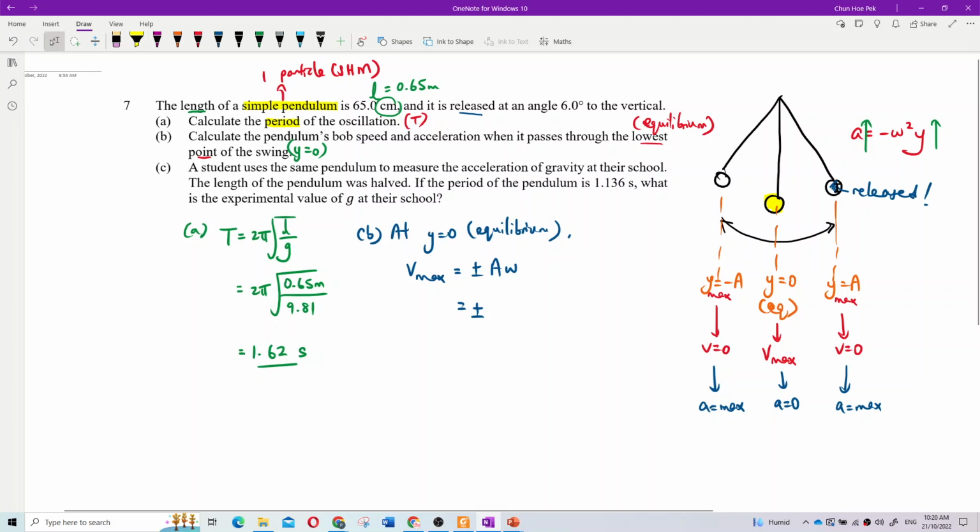So it is released from here, so it will also oscillate from here. That means this is 6 degree, right, class? Yes. So if it is released at 6 degree, it will oscillate 6 degree.